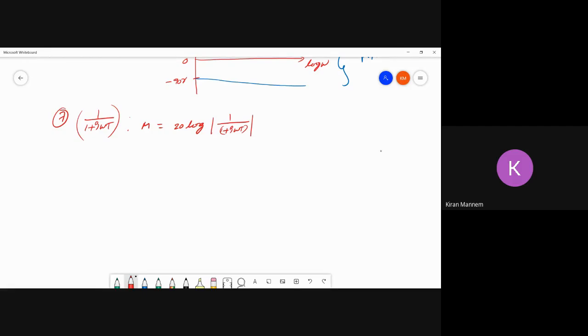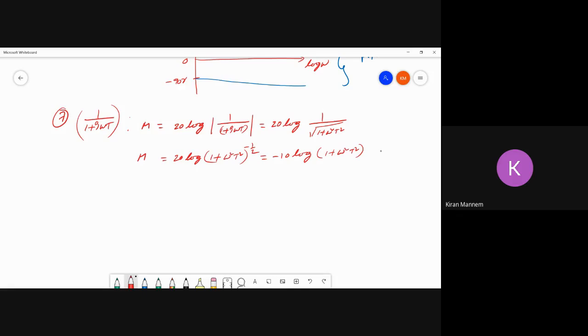So I can write it as 20 log 1 by root over 1 plus omega square t square, or it would be 20 log of 1 plus omega square t square to the power of minus half, and this would be minus 10 log 1 plus omega square t square, right?